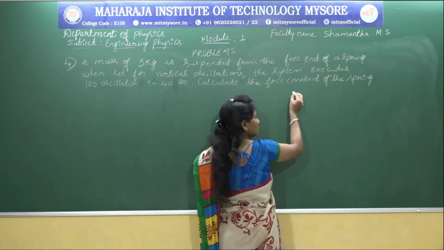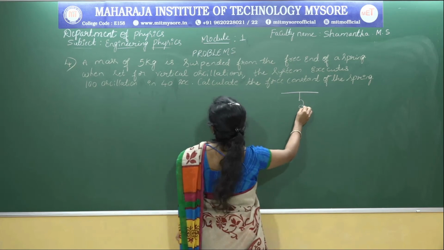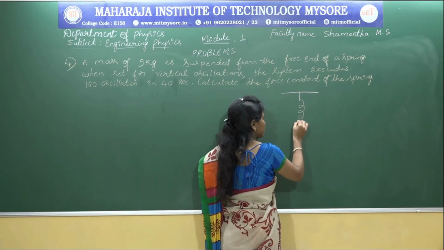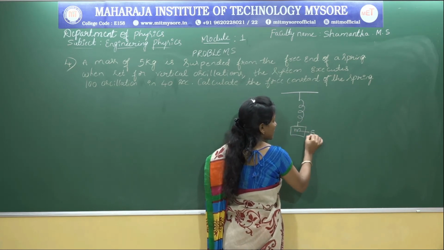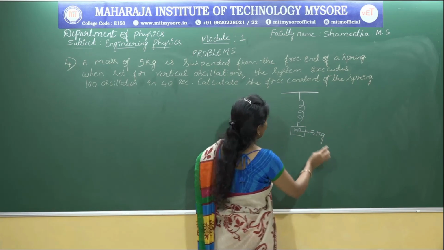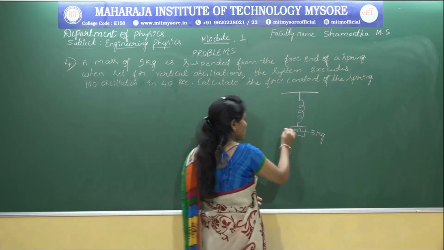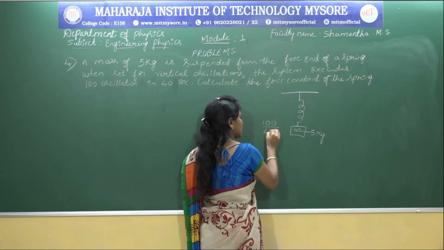So, that is a spring which is suspended with the mass of 5 kg, and which is executing 100 oscillations for 40 seconds.